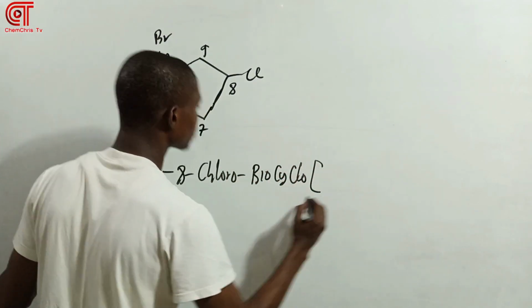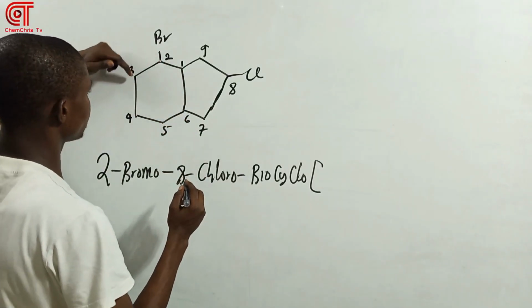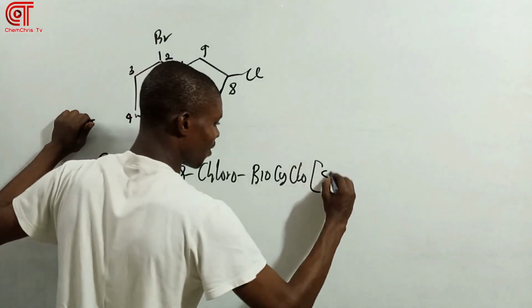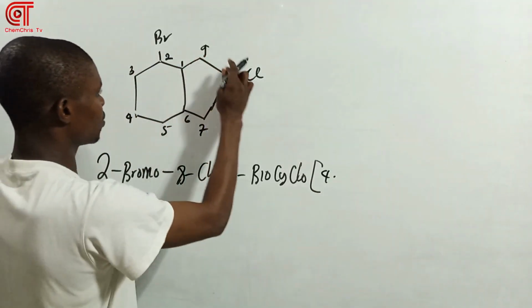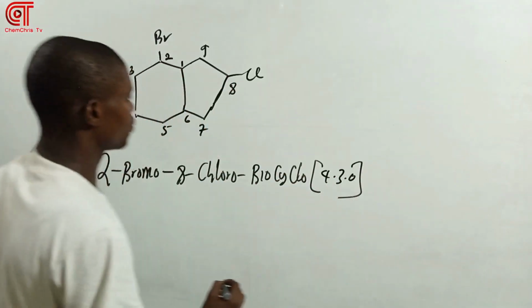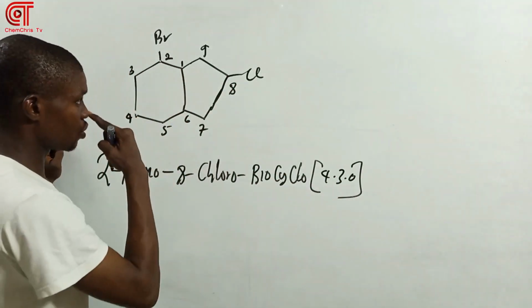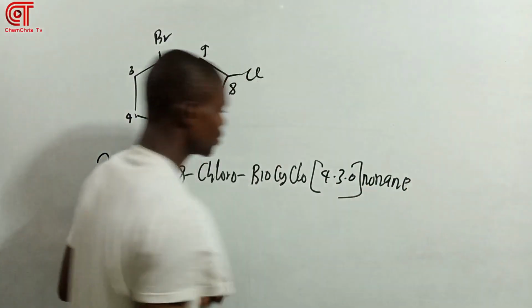Bicyclo. Here we have 1, 2, 3, 4. Four. I won't make mistake. 1, 2, 3, 4. Here we have 1, 2, 3. Here we have 3. Here we have 0. So total number of carbon atoms is what? 9. So going to be nonane. So this is how to name it.